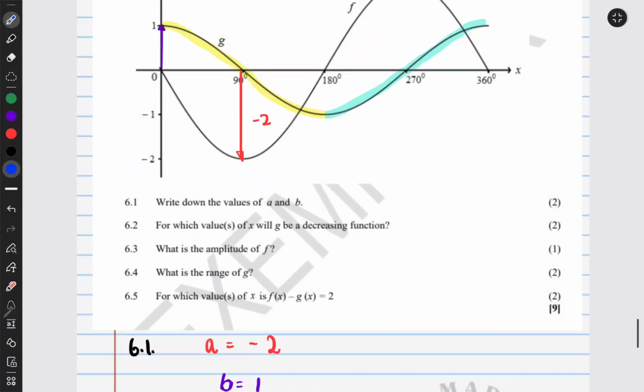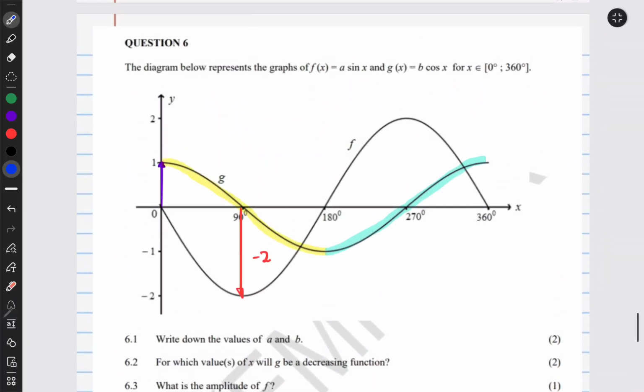What is the range of g? To determine the range, we look at the maximum point of g, which is 1, and then the minimum, which is -1. So the function g ranges between those two points, -1 and 1.